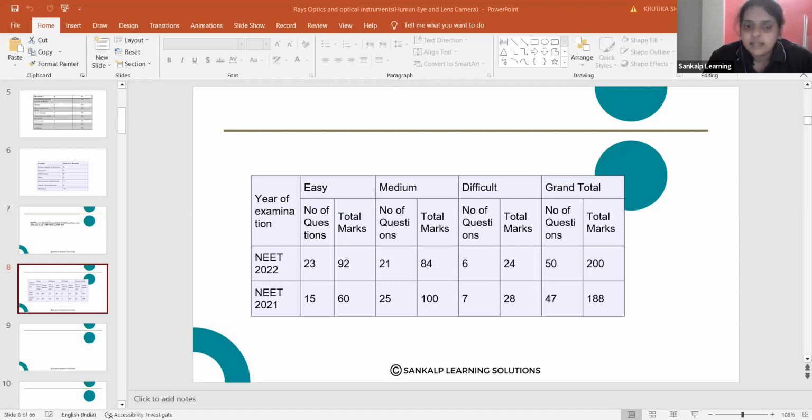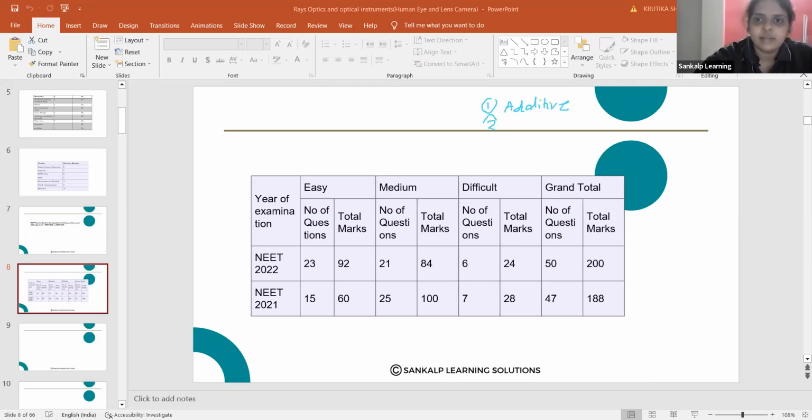Then next we have some of the basic properties of the charge. So what are the basic properties of the charge? Here I'll write and I'll tell you. The first one is that charge is additive in nature.